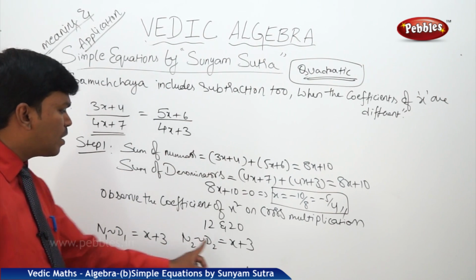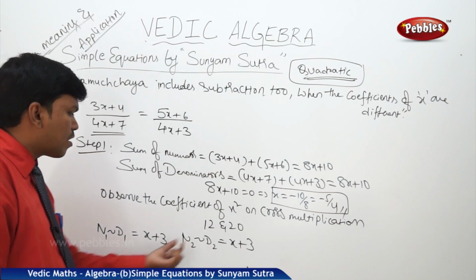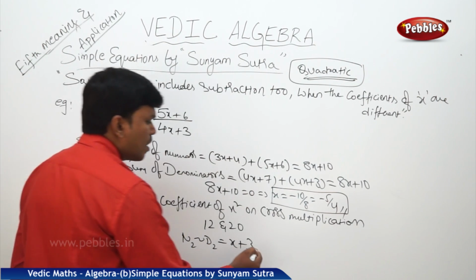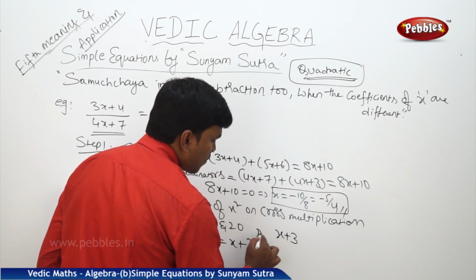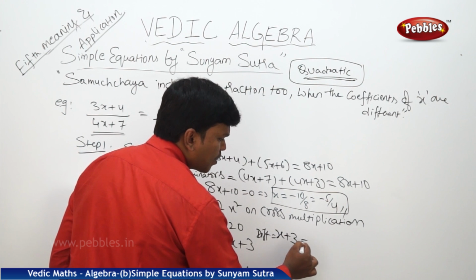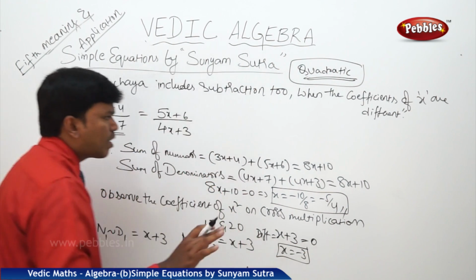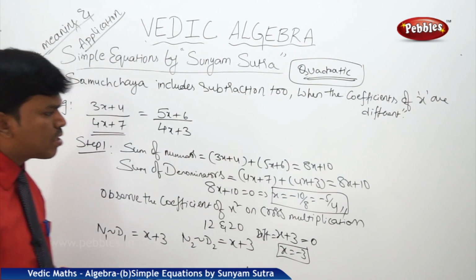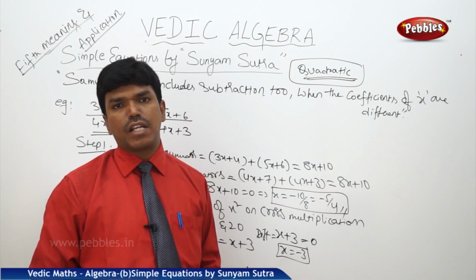If you observe both the differences are equal, then simply equate that difference. What is the difference we got here? Difference is x plus 3, equate it to 0. So x equal to minus 3. This is another value of x. So here we are getting two values of x: x equal to minus 5 by 4 as well as x equal to minus 3.